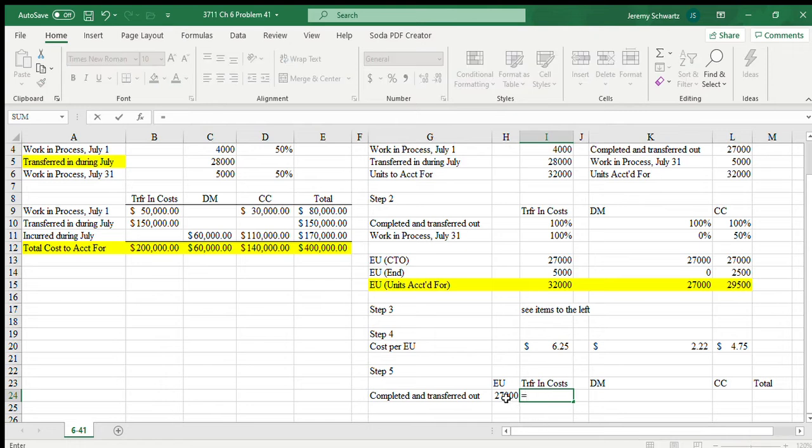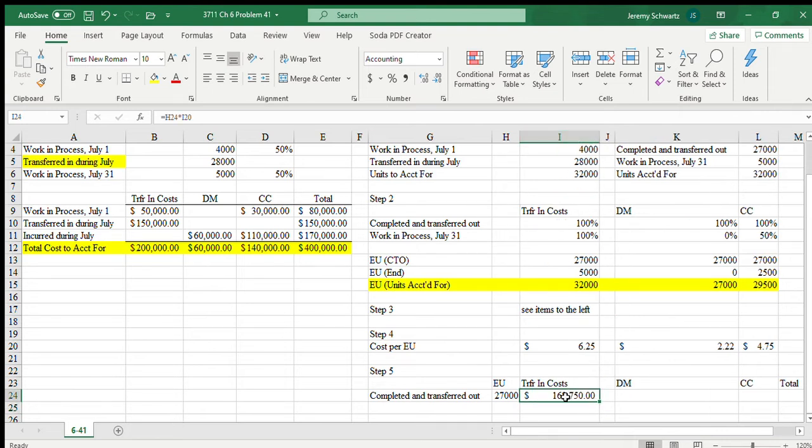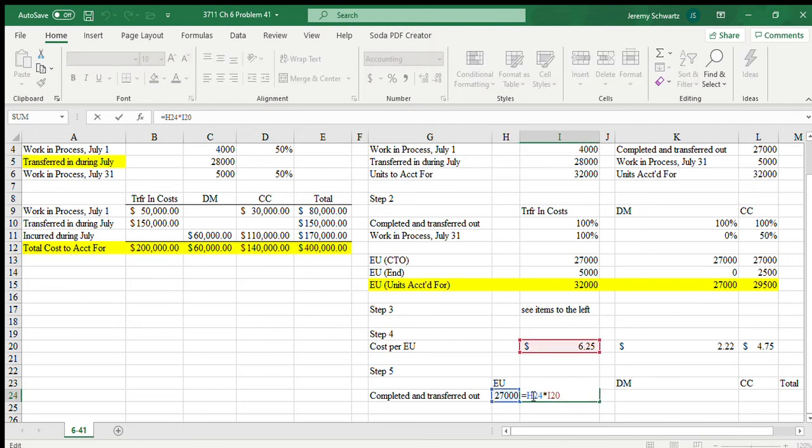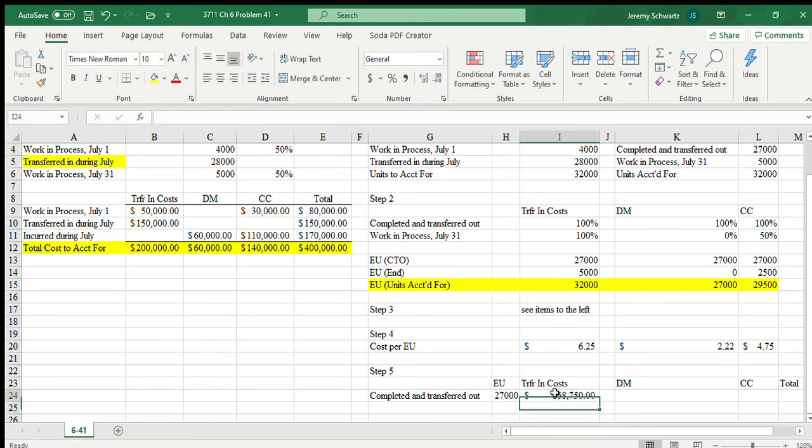So we just multiply those by the corresponding costs in each of these columns here. So here, since for completed and transferred out, we would have the same number of units for direct materials as well as for conversion costs.